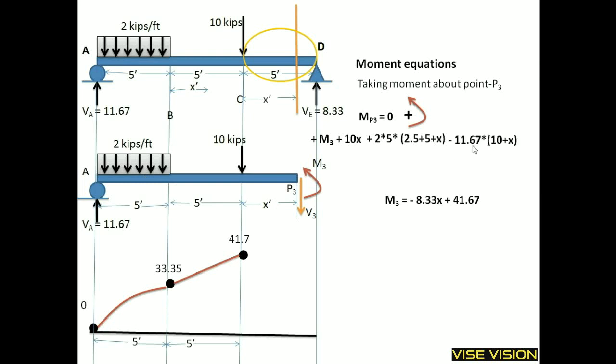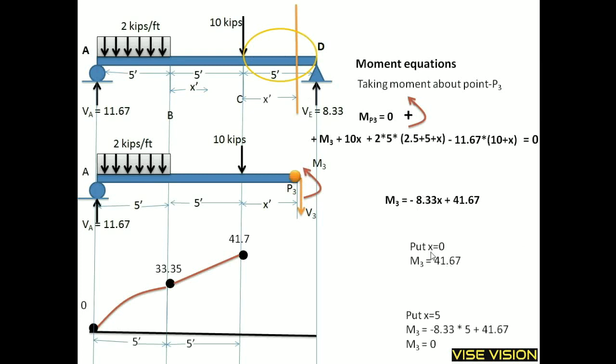And this is the reaction, 11.67 multiplied by 5 plus 5 plus x as the moment arm, taken as negative because this creates a clockwise moment about point P1. Arranging this equation, I will get the equation for moment for this region.